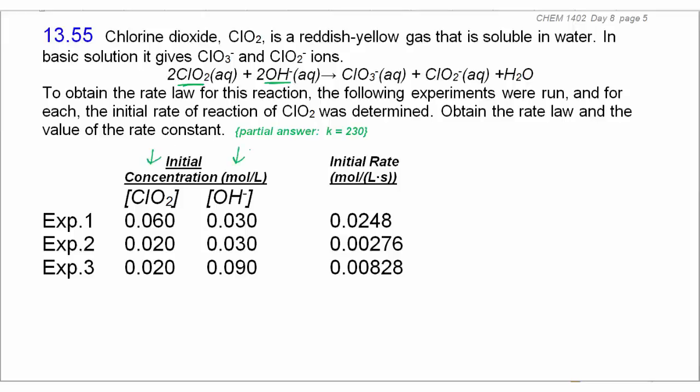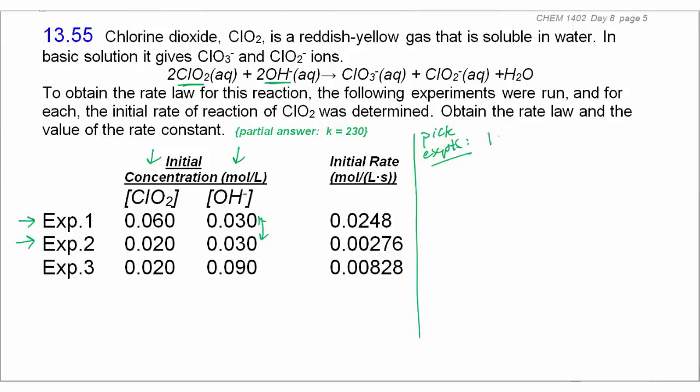Okay, so remember the game plan. We pick 2 experiments where the concentration of one of these reactants did not change. Let's pick experiments, oh, let's do 1 and 2, because look, hydroxide didn't change.